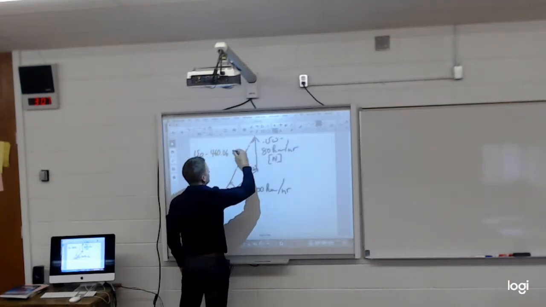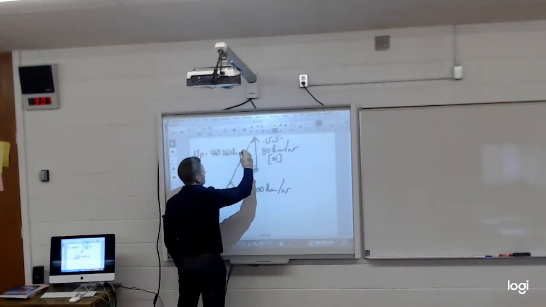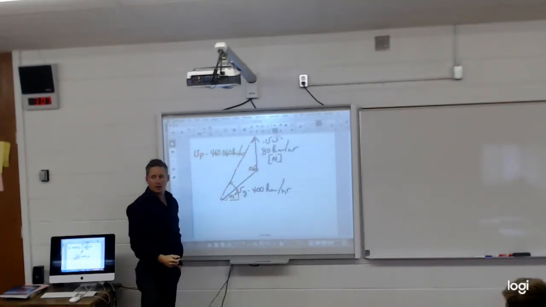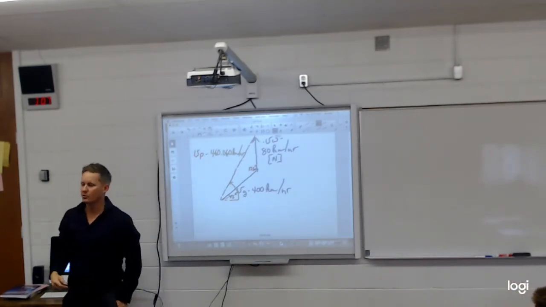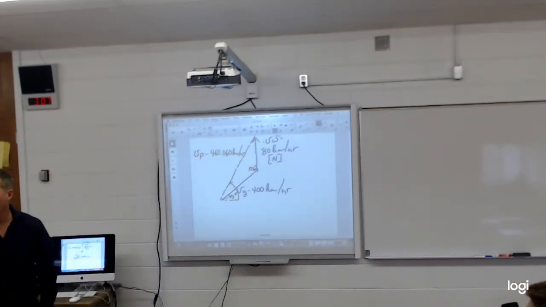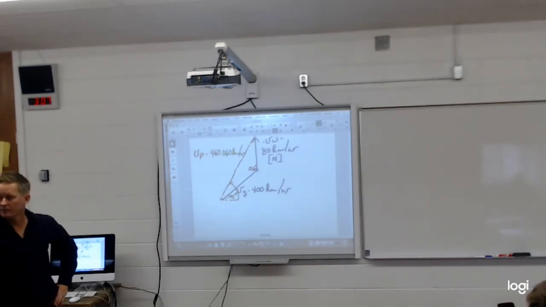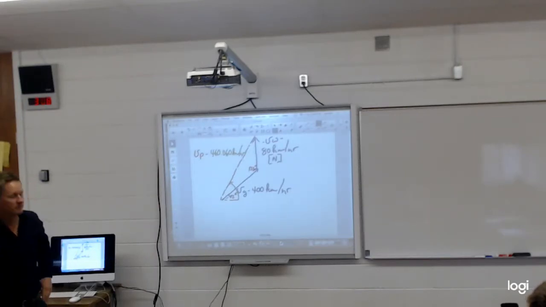So 400 squared plus 80 squared minus 2 times 400 times 80 times the cos 135, and close your bracket. 460.06, so that is a good match.